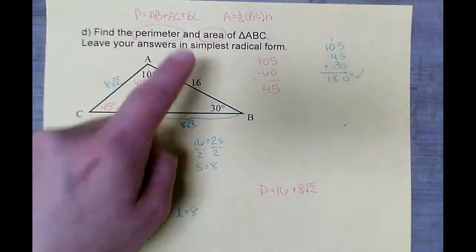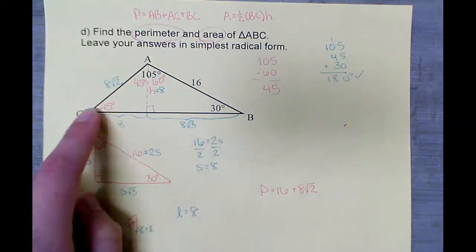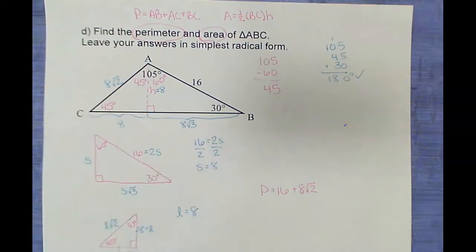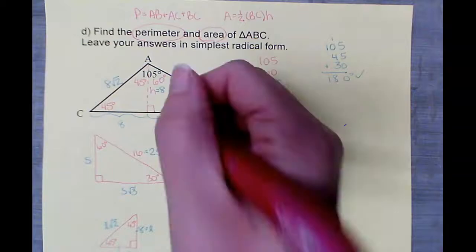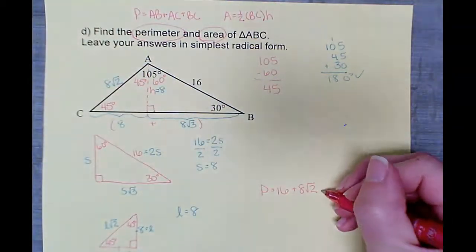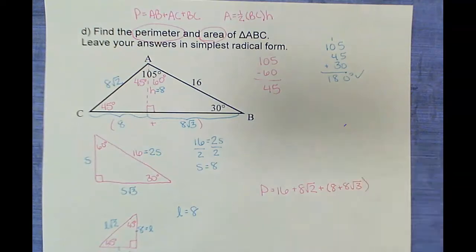And we have the length of BC from here to here. Now this is a little bit tricky because it combines a side that's 8 and a side that's 8 square roots of 3. So we're not going to multiply those together. We are simply tagging on one segment to another. So we are going to add those two lengths. So we have plus 8 square roots of 3.